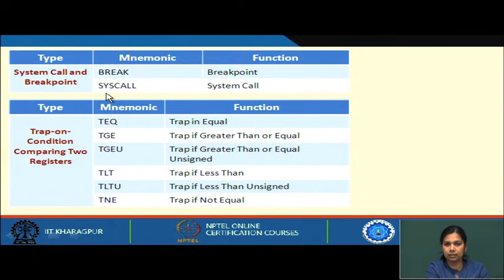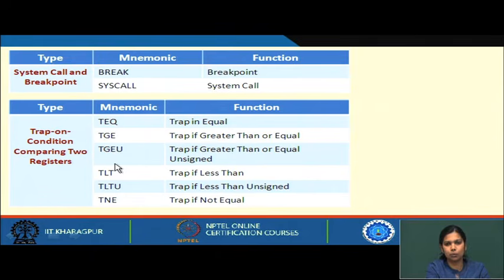In MIPS, the simulator that we will be using is QtSpim, where we will be using this system call, which is syscall. And there can be some instructions like trap, trap if equal, trap if greater than or equal, trap if greater than or equal unsigned, and so on.